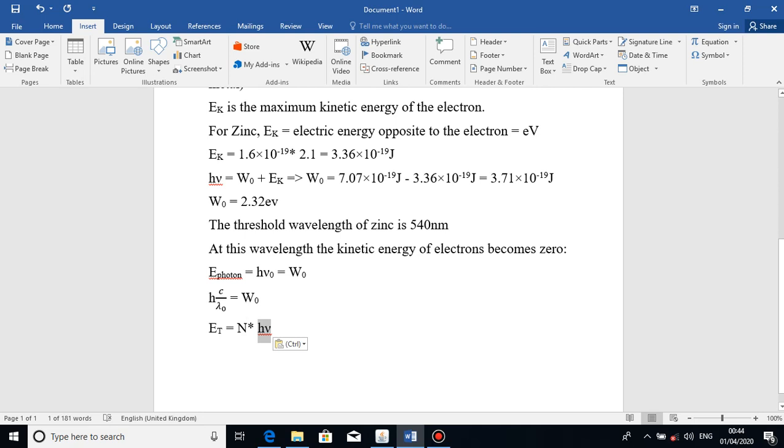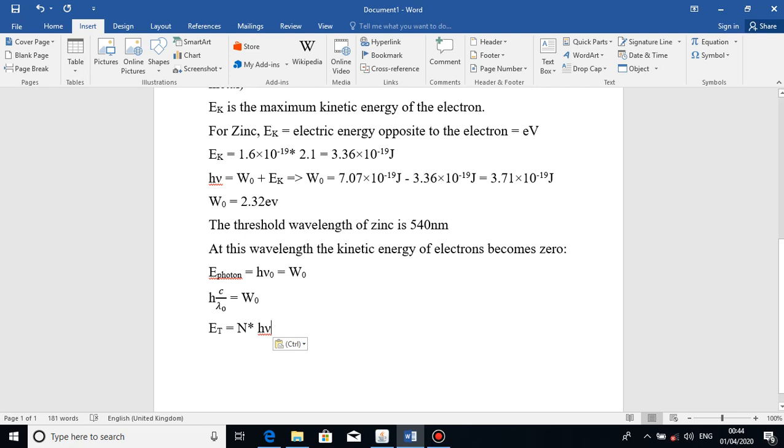This contradicts the wave nature of light. It does not depend anymore on the amplitude but on the frequency of the radiation, and thus this experiment shows a new aspect of light called the corpuscular aspect of light: the energy of light moves from one point to another as particles and not as waves.